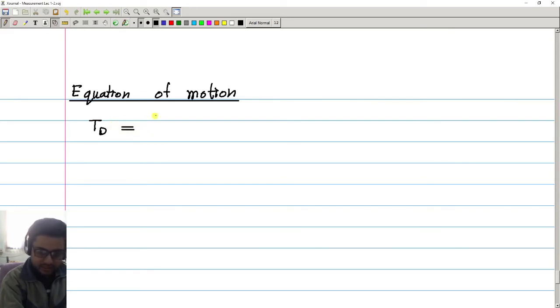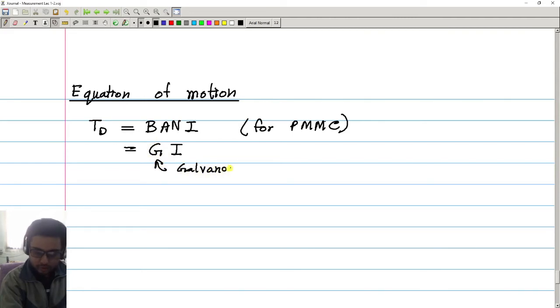So this is BANI for PMMC. For other instruments, this equation will be different. We also often write this as G times I, because B, A, N are all constant, so we use a common constant G, called the galvanometer constant. So TD is G times I.